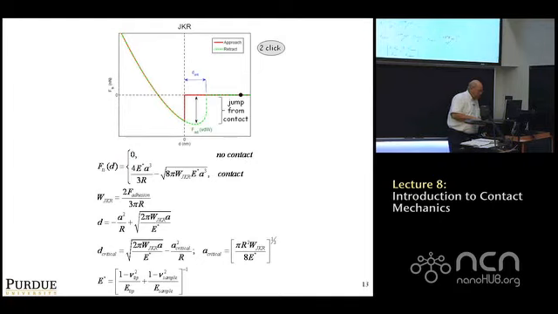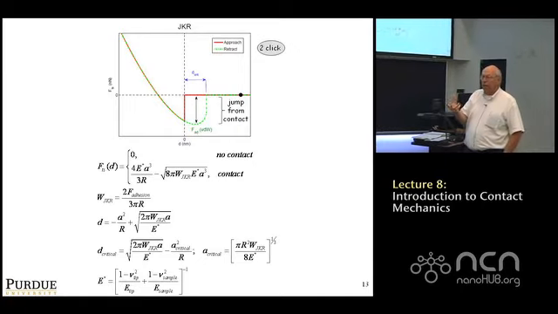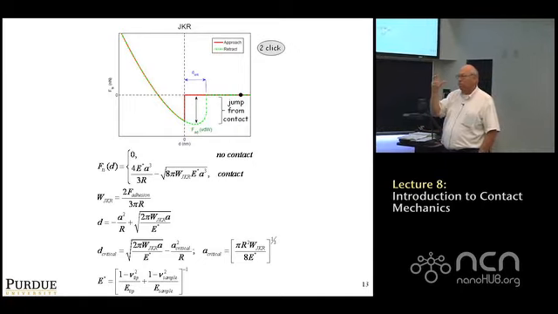The JKR model is even more complicated, right? It's hysteretic because the JKR model is most appropriate for soft substrates, hard tip, soft substrates. So there's about 3 different colors of lines on that graph, right?